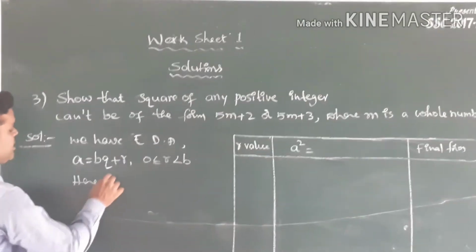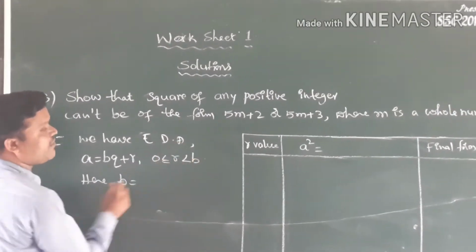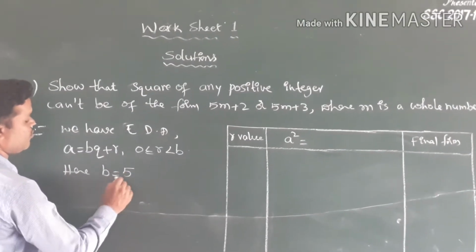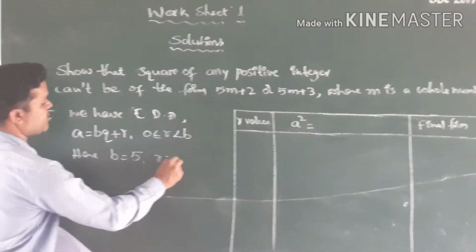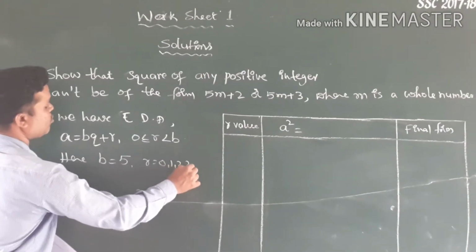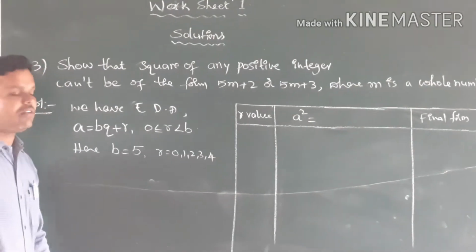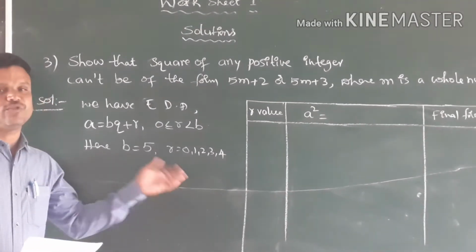Here b is equal to 5, so the r value is always 0, 1, 2, 3, 4.